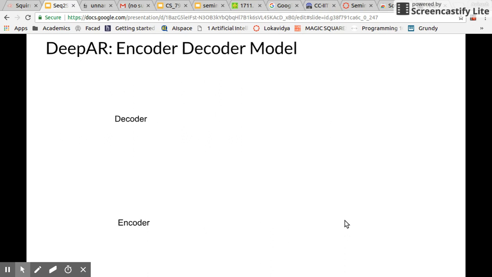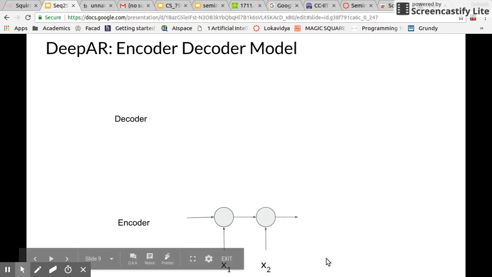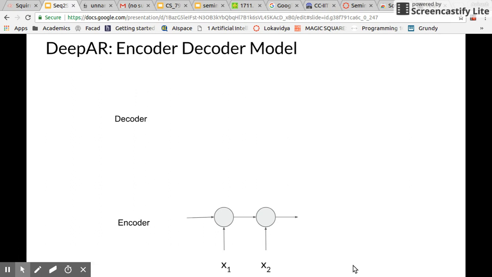We have the encoder-decoder model, actually the DPR model. In the encoder, we have an input x1, which is used to calculate the hidden state h1, and using this hidden state h1 and x2, we calculate hidden state h2, similarly h3 and h4.